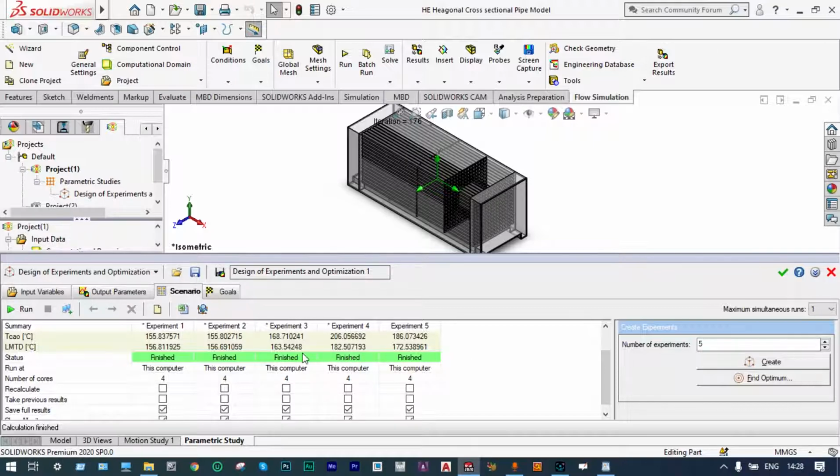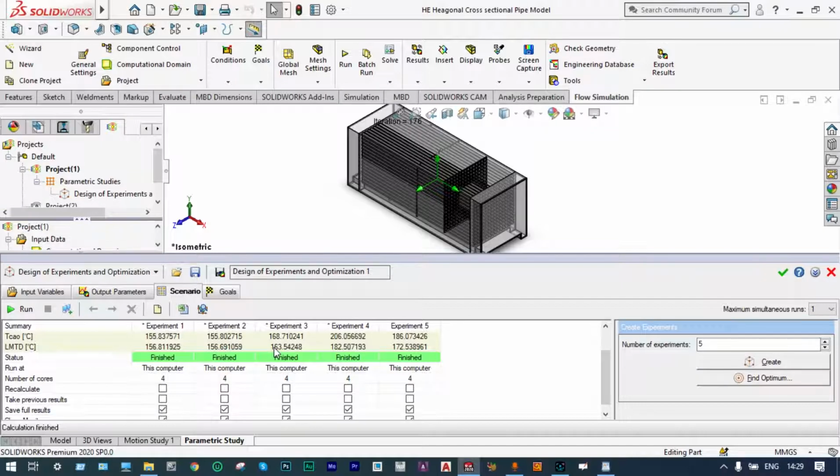Anyway, we can see the LMTD values. In most cases it is increasing as we increase the temperature of hot air from the side walls. When the hot air was 200 degrees centigrade, we got an LMTD value of 156.8, and when the temperature was 400 degrees centigrade, then LMTD is 156.69.